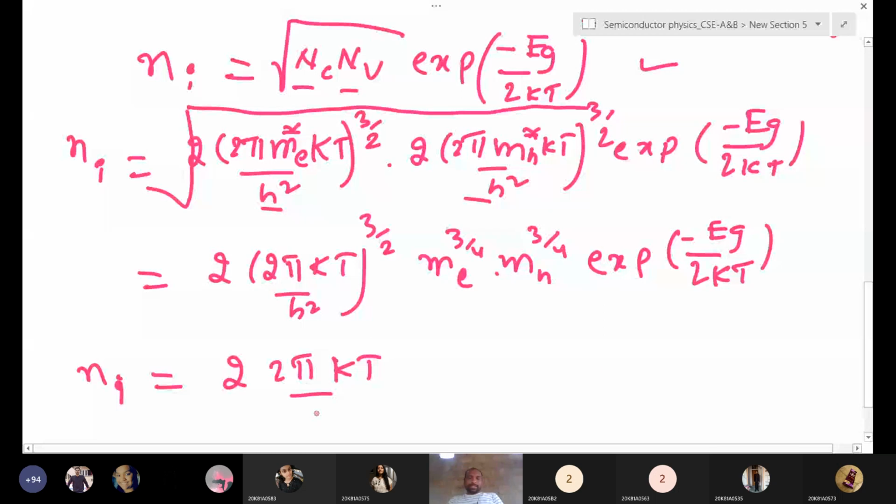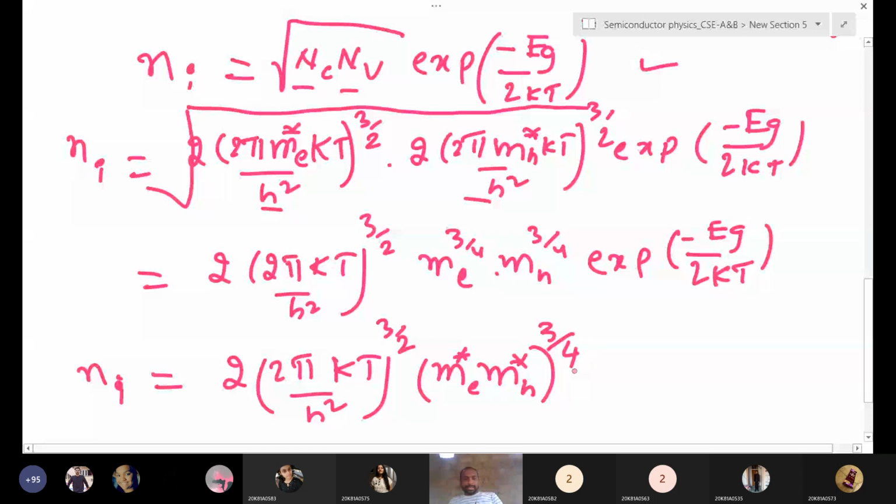And see here in this expression, the intrinsic carrier concentration mainly depends on temperature. Because in an intrinsic semiconductor, how are we increasing the conductivity? By increasing the temperature only.